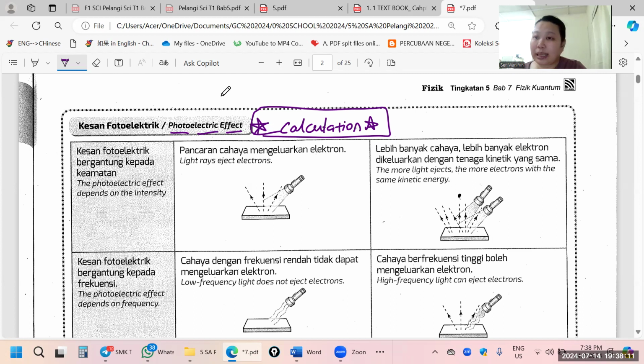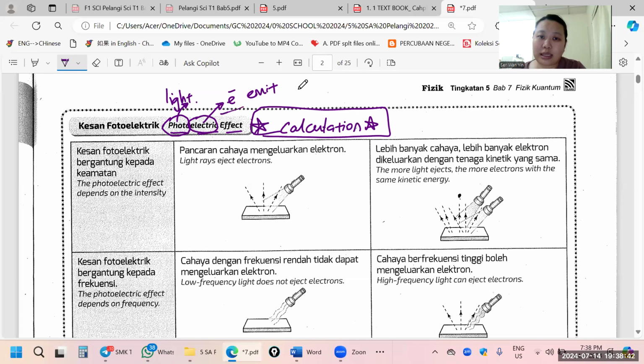What is the photoelectric effect? Okay, anyone can tell me what's the meaning of photo? Let's take a photo. Photo means, yes, very good. Yeah, it's light. Okay, so when you shine the light on a metal surface, then electron will be emitted out.